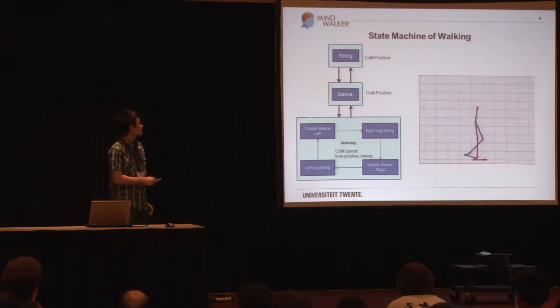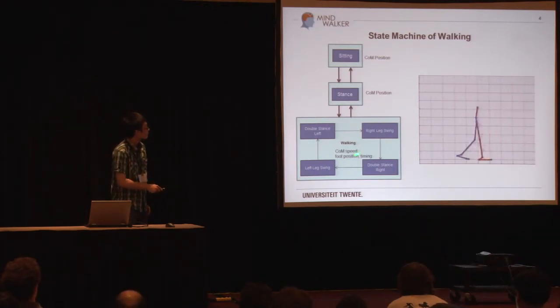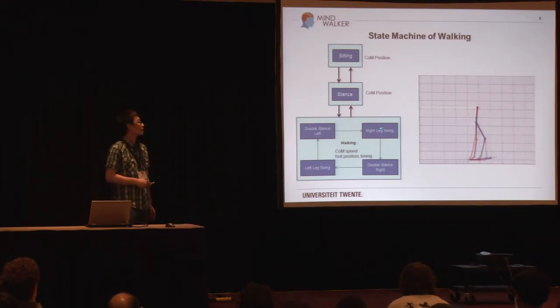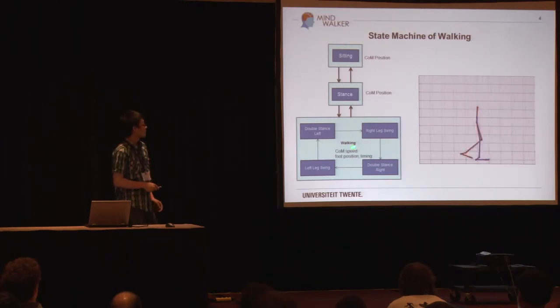For the dynamic phase, walking, we control the speed of the center of mass. In the double stance phase, we inject or decrease energy to accelerate or decelerate. For the swing phase, we control the foot placement and also the timing of where to step.